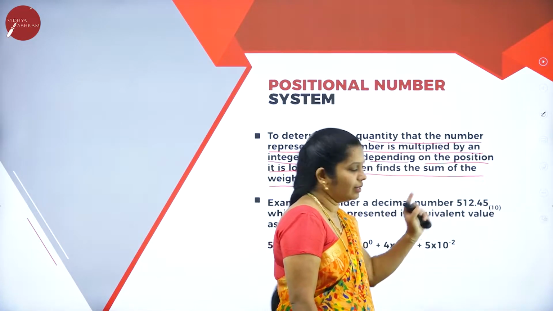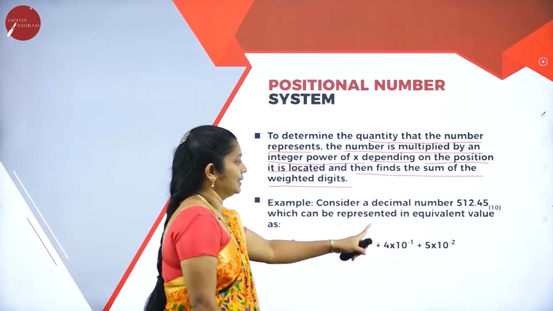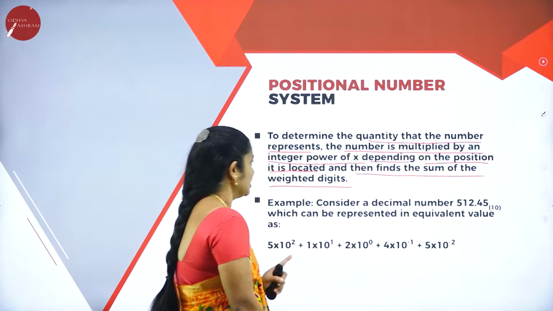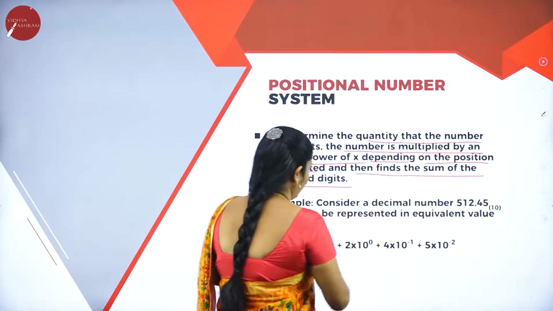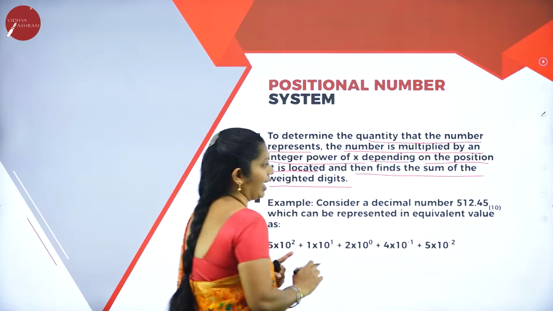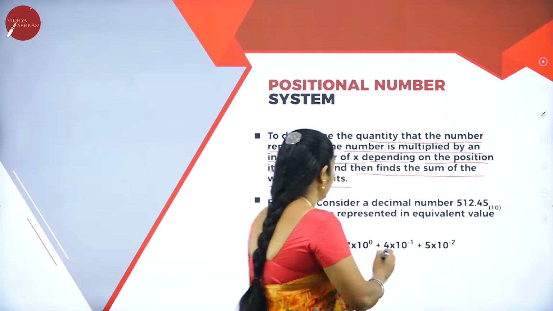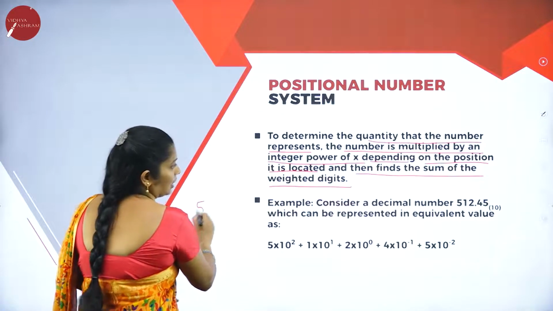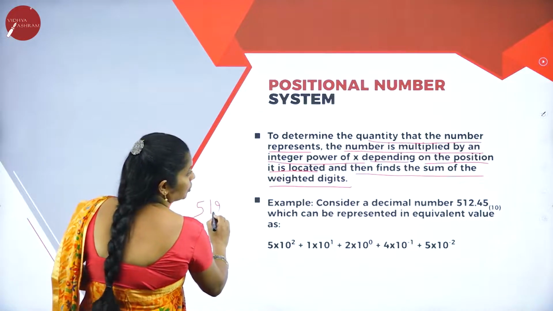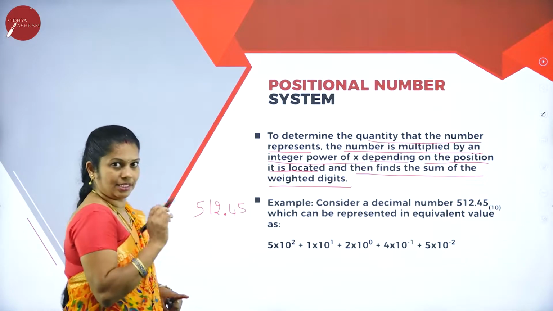It is a decimal number because the base is written as 10. Here we have 5, 1, 2, then a decimal point, then 45.